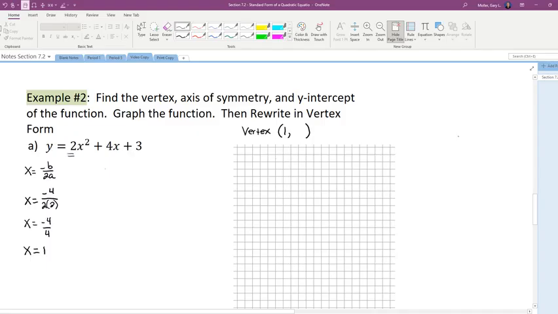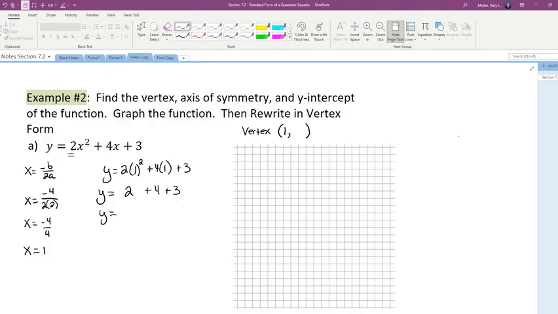So when I plug in 1, I get y equals 2 times 1 squared plus 4 times 1 plus 3. I follow the order of operations and square the 1 first. So 1 times 2 is 2 plus 4 plus 3. Y equals 4, 5, 6, 7, 8, 9. I've got the point 1, 9.